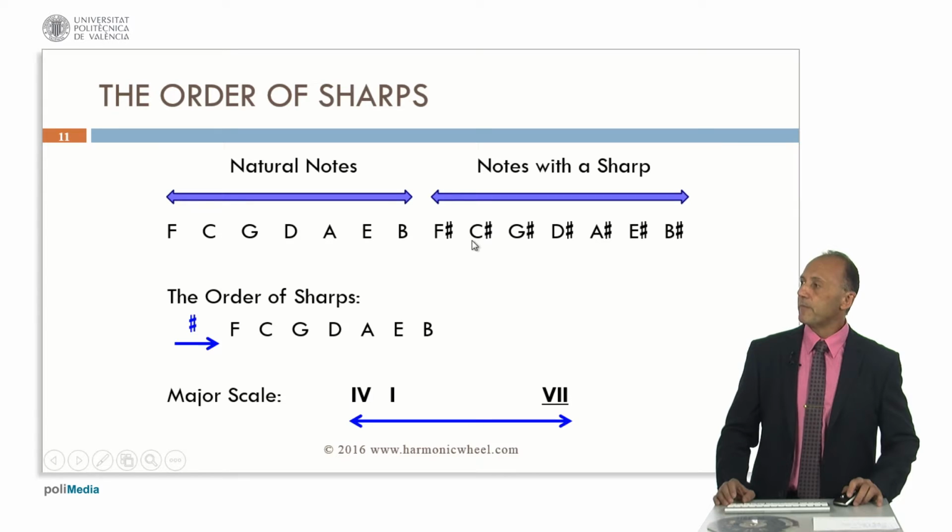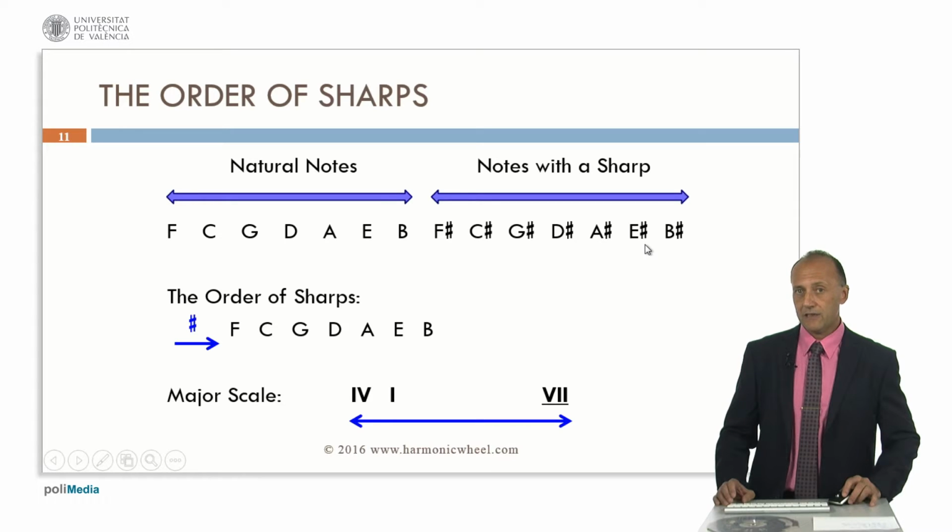So the key is D major. If we are in a key with 6 sharps, that is until E sharp, this note E sharp is the leading tone, and so the key is F sharp major.